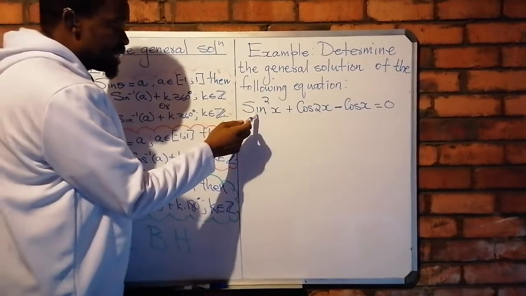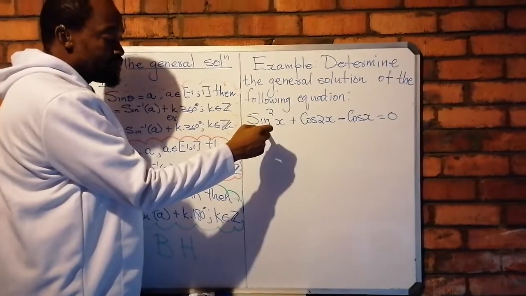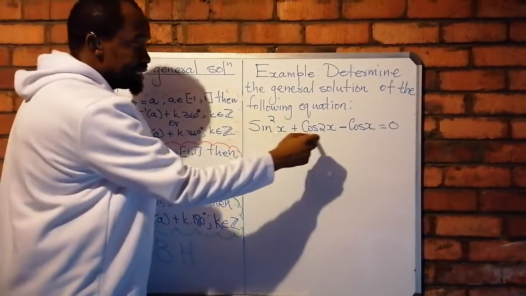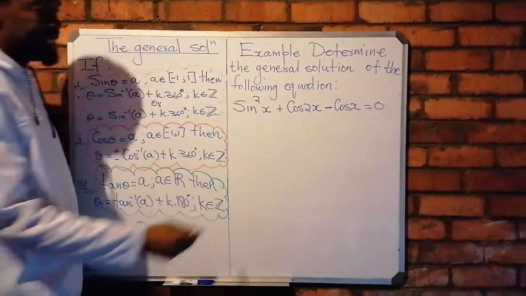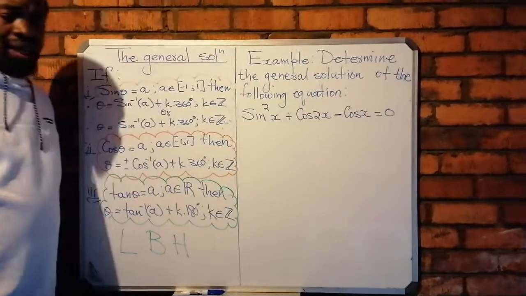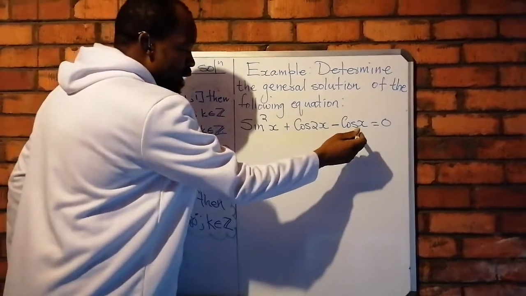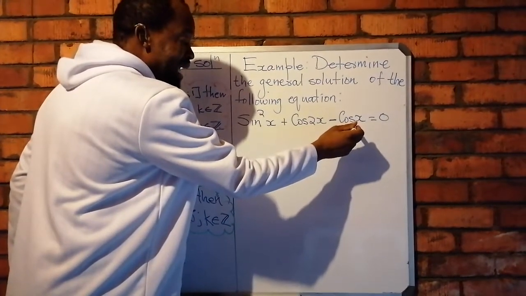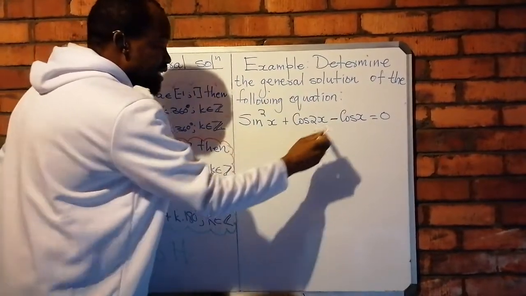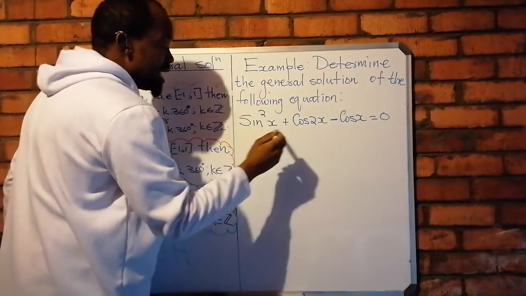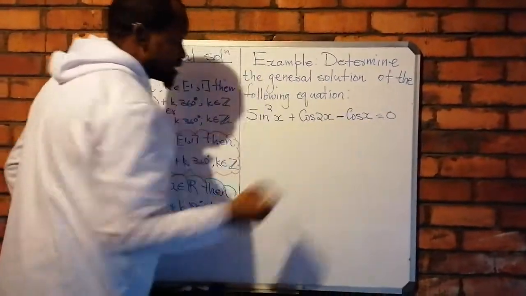Now, can you see that this can be substituted by its identity, and that can be substituted by its identity? But what about that one? There's absolutely nothing. Meaning that we are going to keep this one as it is and try and express these ones in terms of cos x.